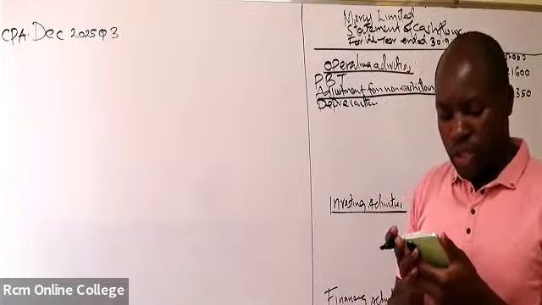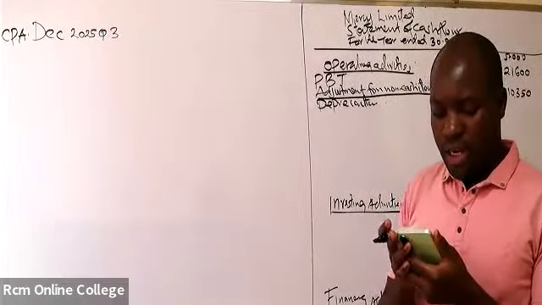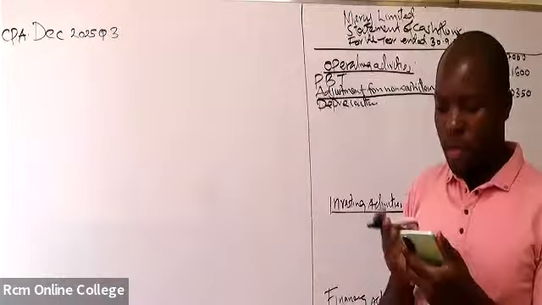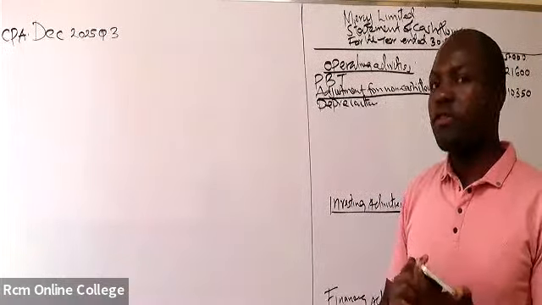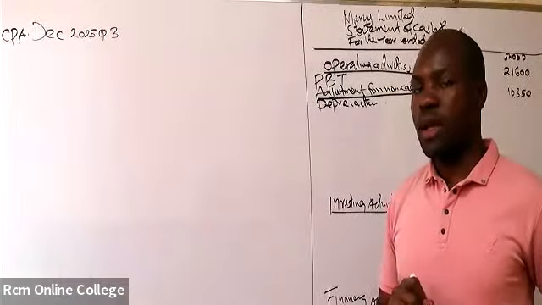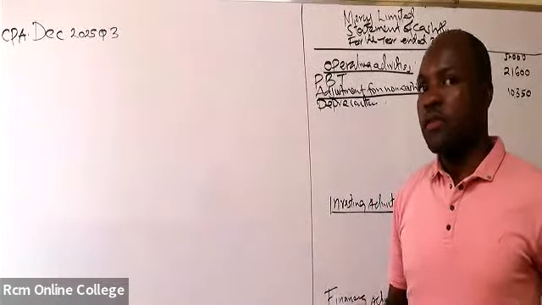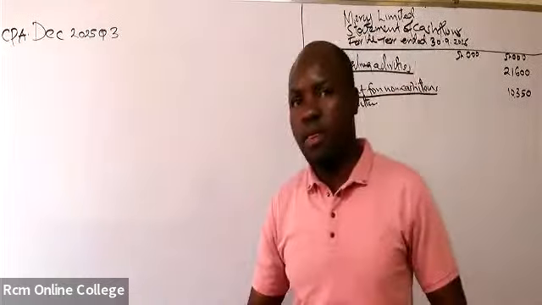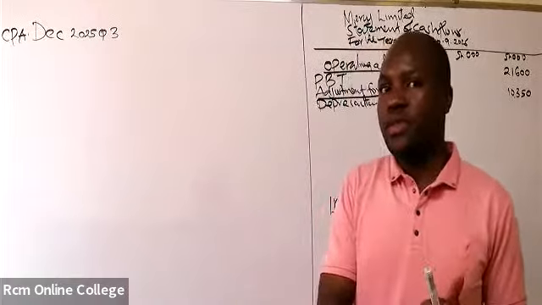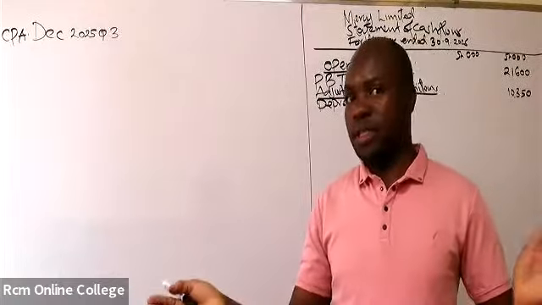Information number 4. During the year ended 30th September 2025, part of the investment was sold at a profit of 1440. Yes, you will have the total income minus total expenses to give you profits.